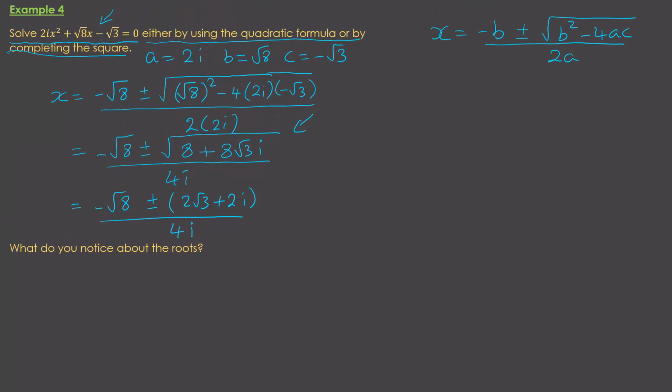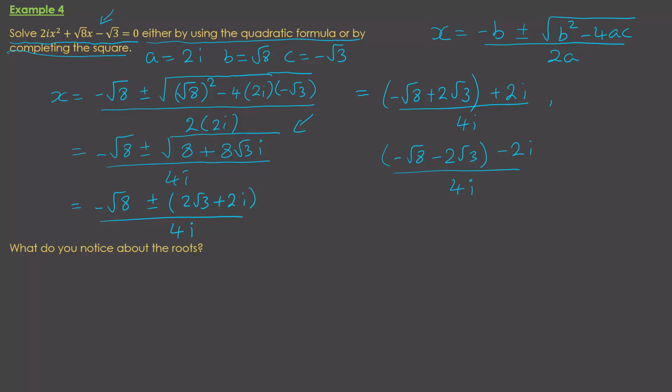So we have, using the plus, negative root 8 plus 2 root 3 as a real part on top, plus 2i, all divided by 4i. And the other one is going to be negative root 8, take away 2 root 3, take away 2i, all over 4i.